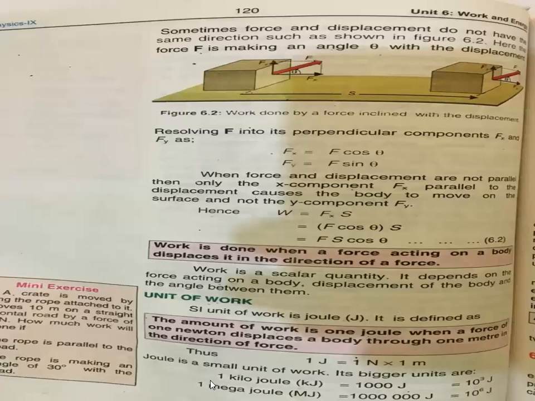The joule is a smaller unit. The bigger unit of work is kilojoule, written kJ, which is 10 power 3 joule. And 1 megajoule is 10 power 6 joule, since mega means 10 power 6, as you have already studied prefixes in the first chapter.